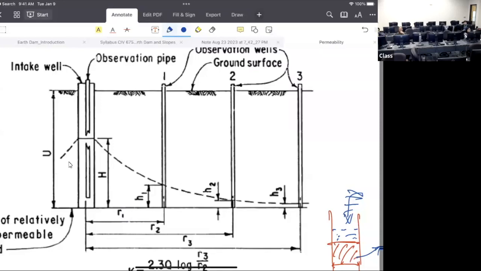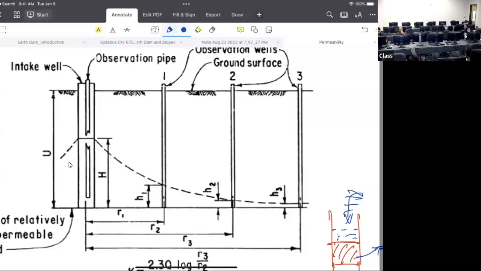But why the wavy pattern? Any idea? Something to do with the geology.